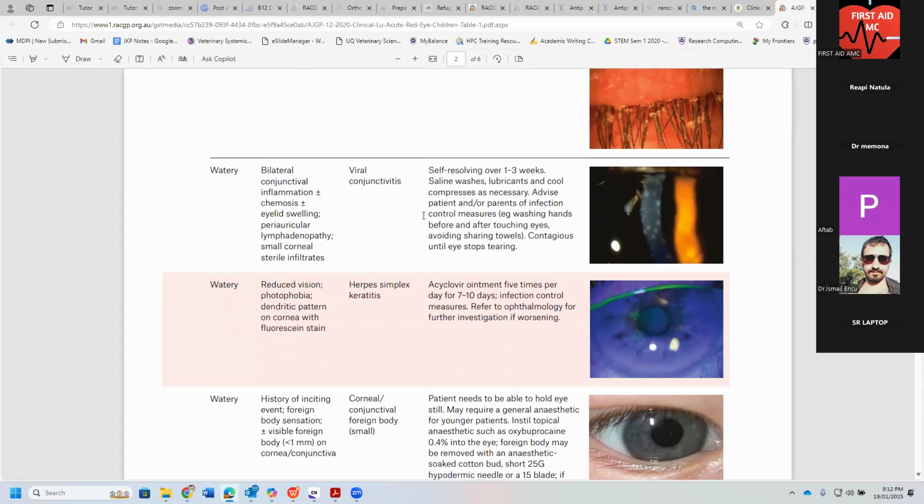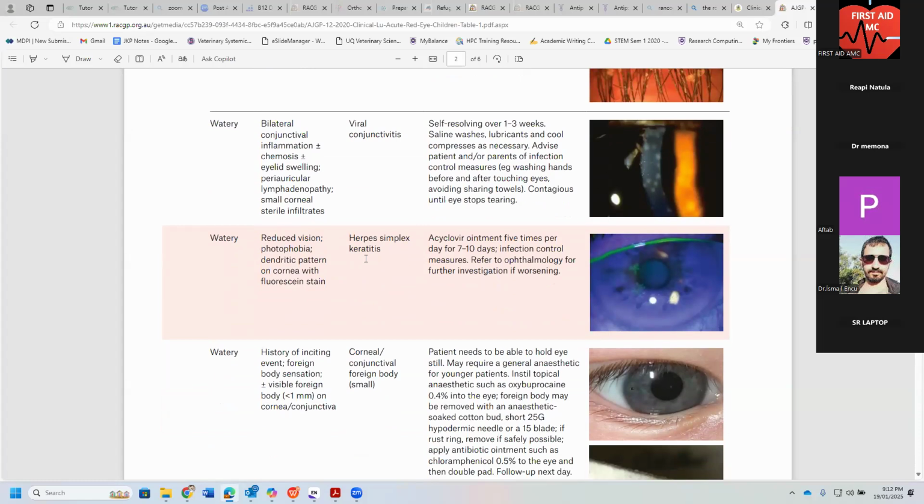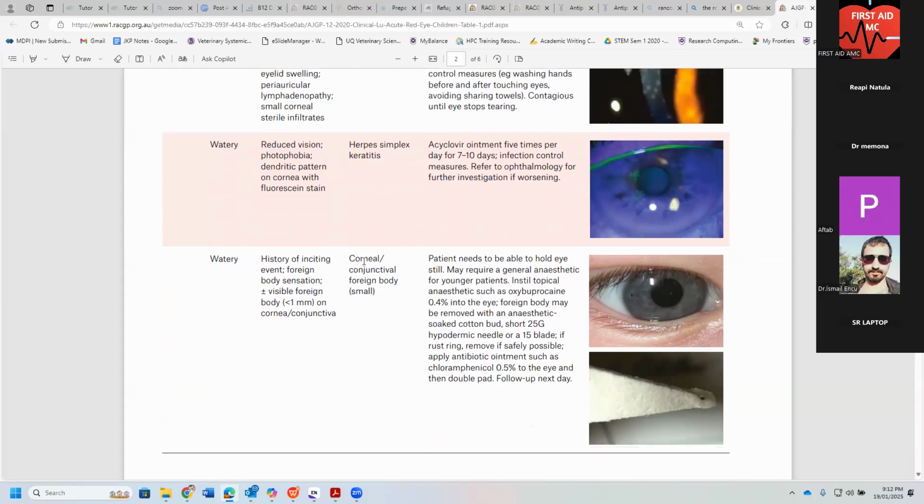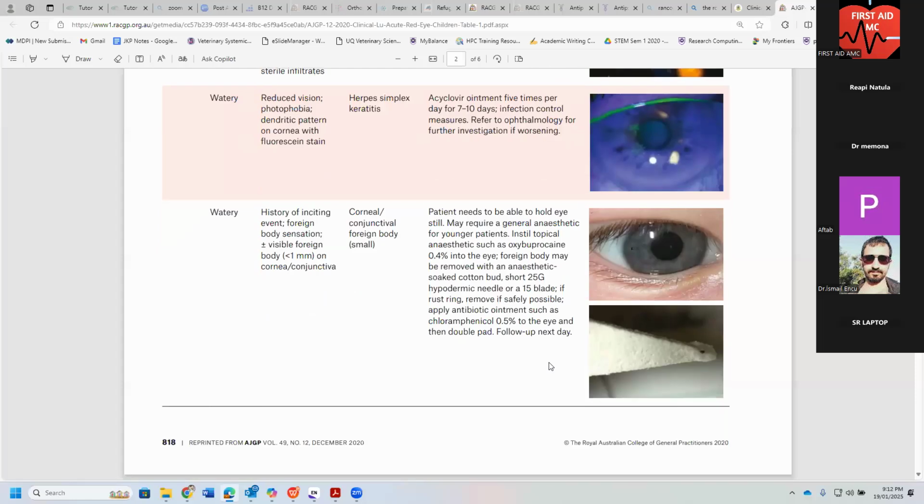Very common, self-resolving. If you have keratitis: reduced vision, photophobia, and on fluorescein dye, you have dendritic patterns. Foreign body: inciting event, foreign body sensation, visible foreign body on the cornea and conjunctiva that will cause problems with the vision.